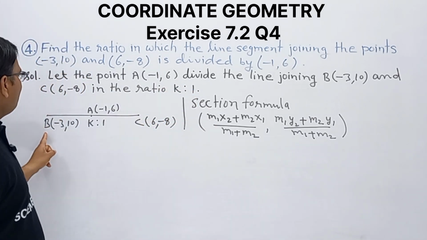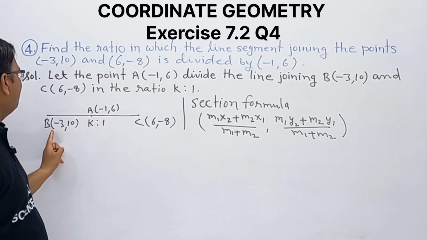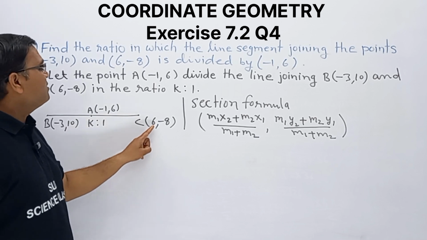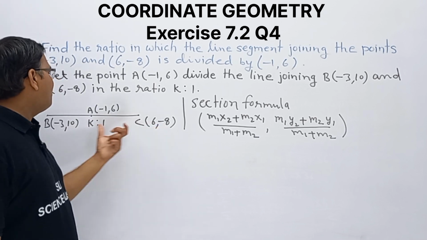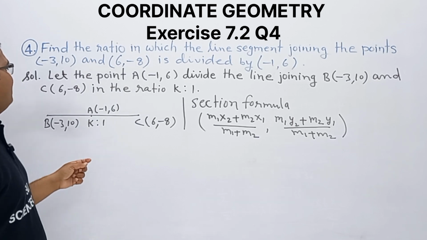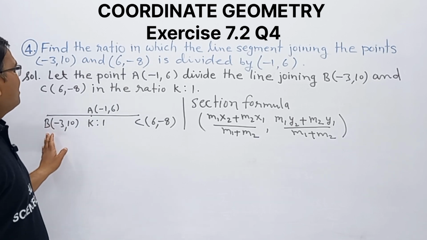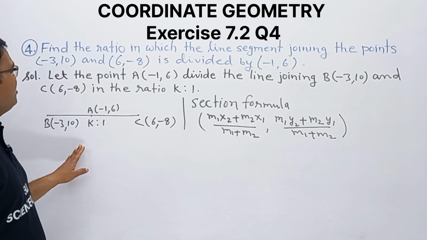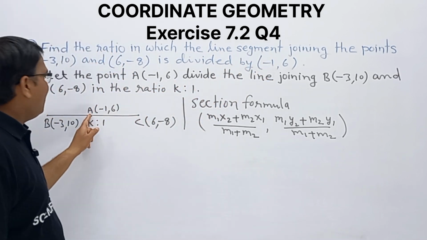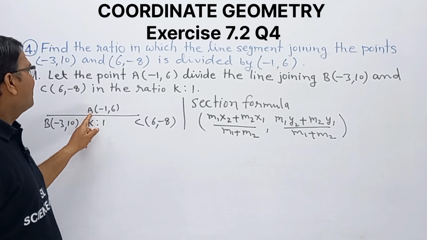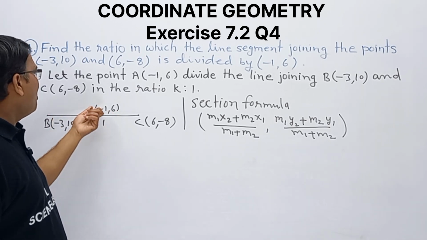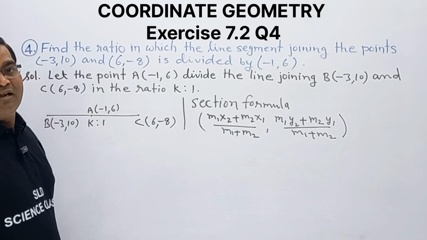So we have 2 points, B and C. B is (-3, 10) and C is (6, -8). Joining these 2 points gives one line segment, and this line segment is divided by 1 point, which we assumed as A. For this point A, we require the ratio in which it divides this line segment.